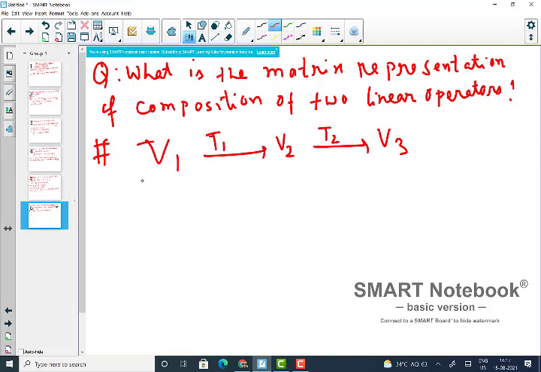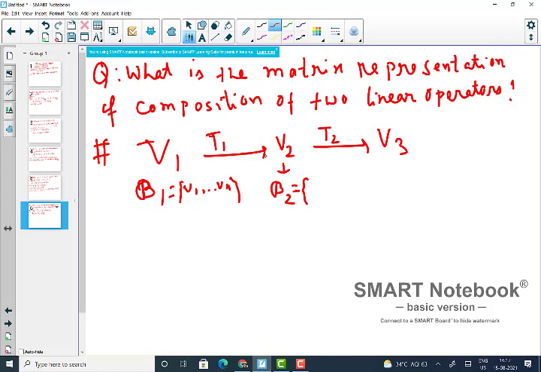Let me assume the basis of V1 is v1 up to vn, the basis of V2 is w1 to wm, and the basis of V3 is u1, u2 up to up.